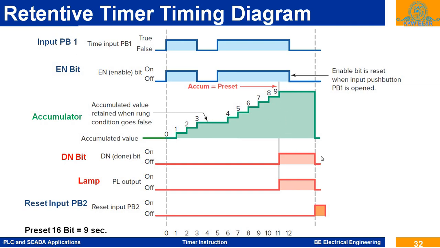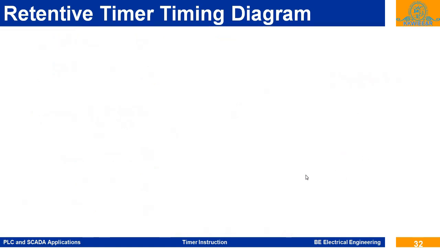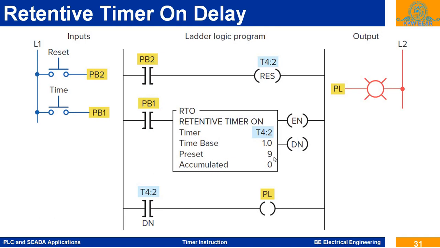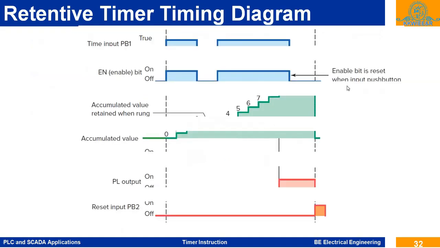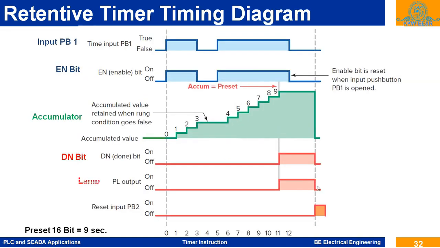When this done bit is set, or true, the pilot lamp is turned on. Means after 9 seconds, this done bit is closed. This output instruction is true, and the pilot lamp is turned on. The done bit remains in a set condition. The accumulator retains its previous count, that is 9, and it remains in the same state.